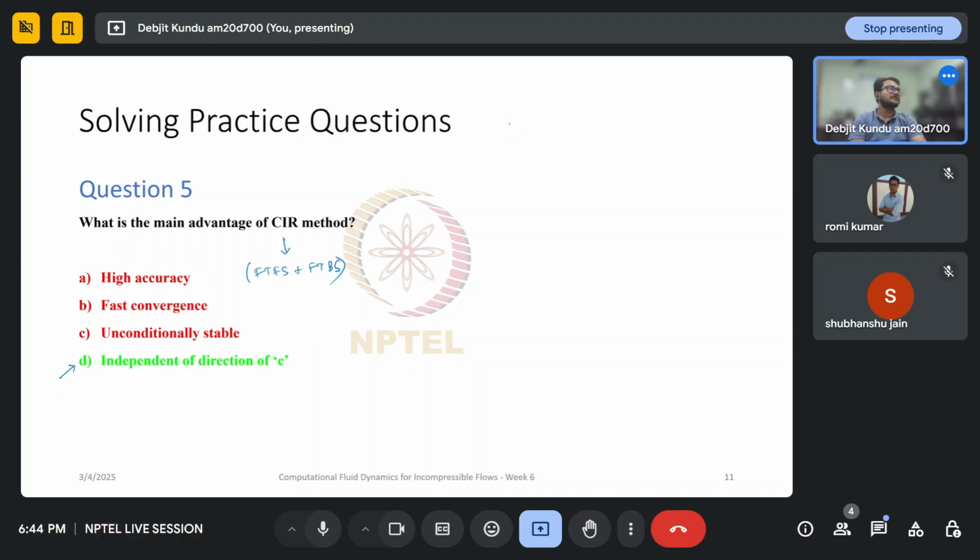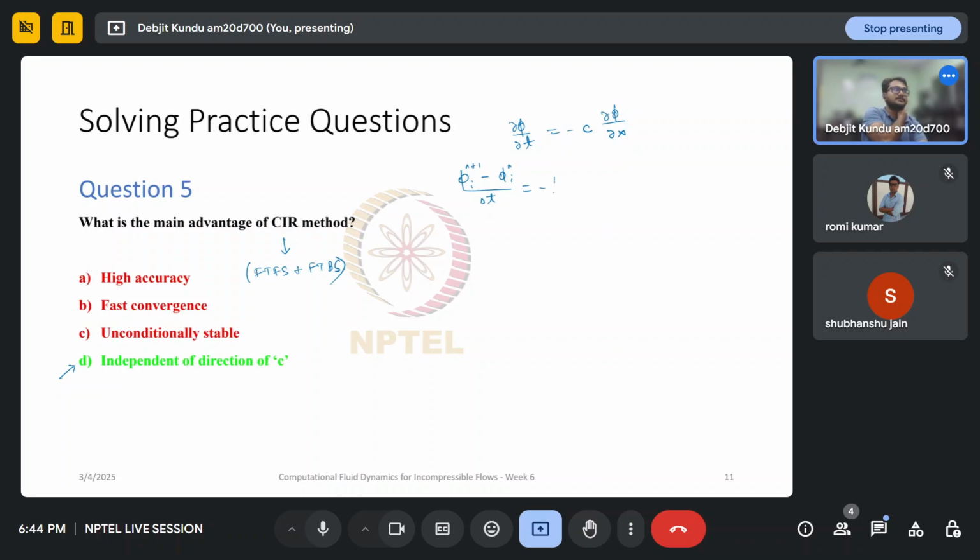So starting from our original equation, dou phi dou t equal to minus C dou phi dou x. So forward in time part remains the same: phi n plus 1 i minus phi n i by delta t. Now there's a manipulation here in the right hand side.